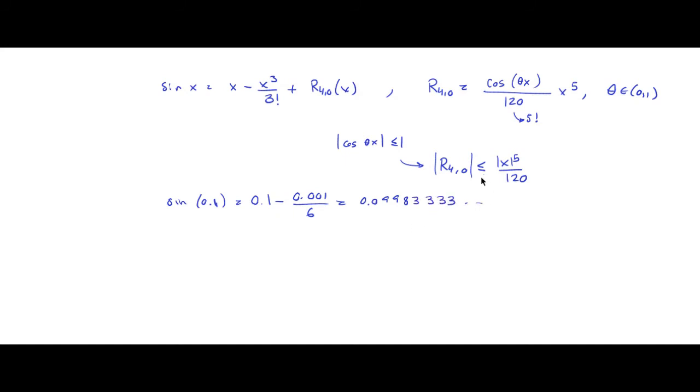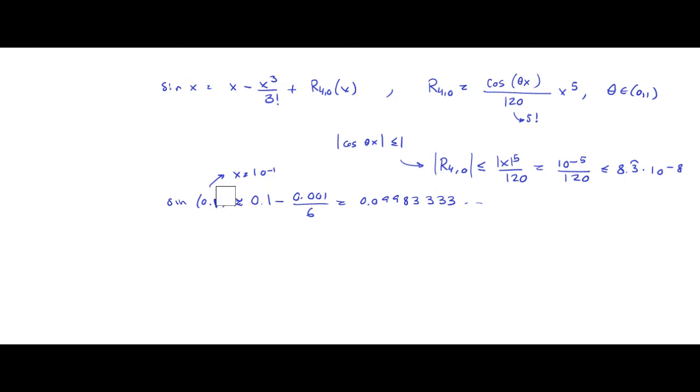But we know that x is 0.1, so x is equal to 10 to the minus 1. x to the 5 is equal to 10 to the minus 5, divided by 120. So we know that the remainder, if you compute this, is going to be smaller than 8.3 periodic times 10 to the minus 8.